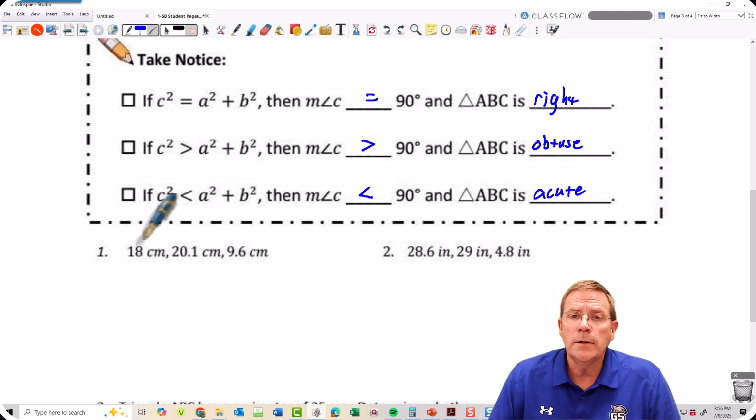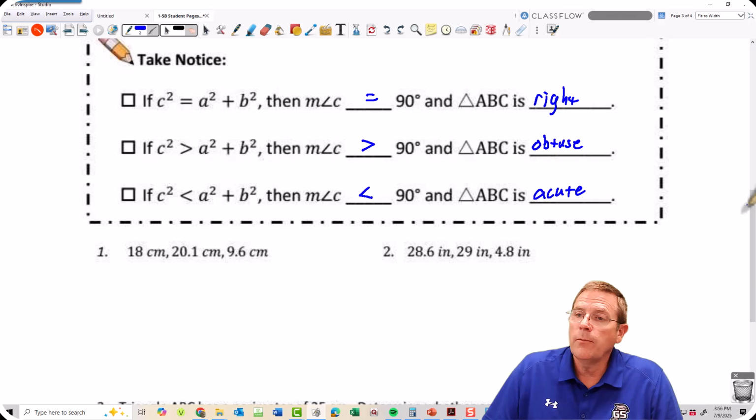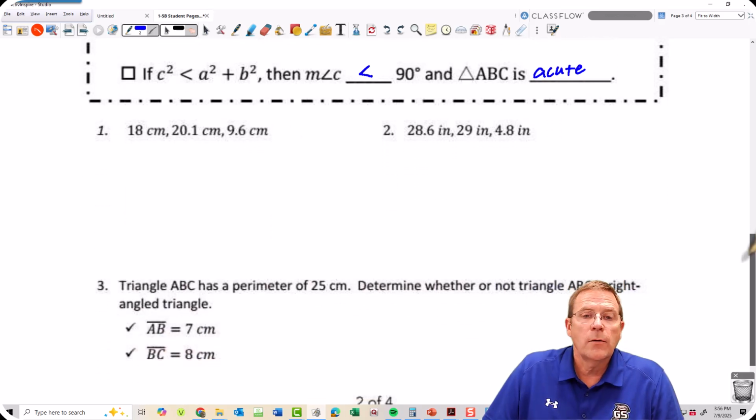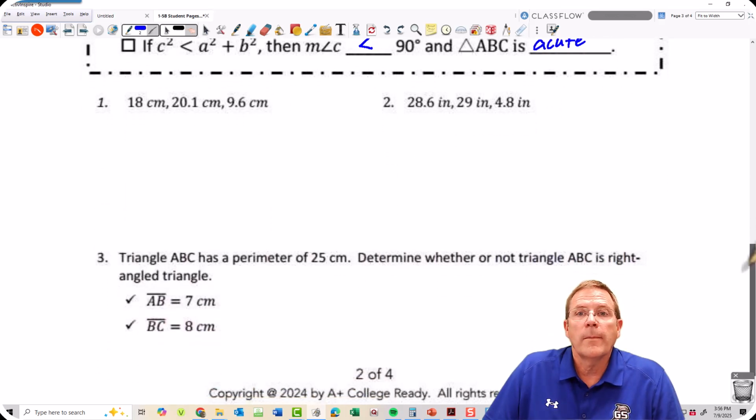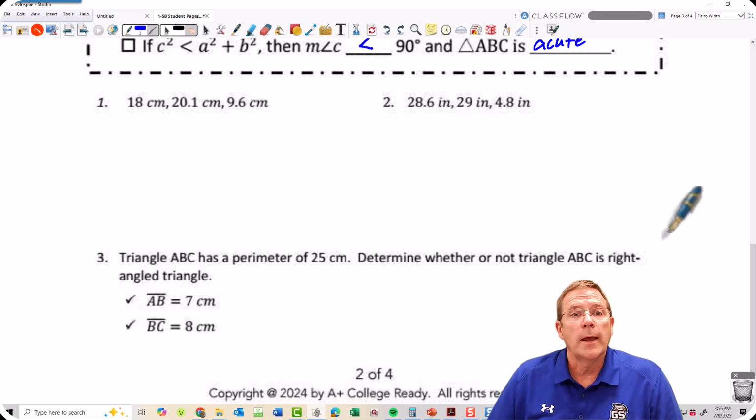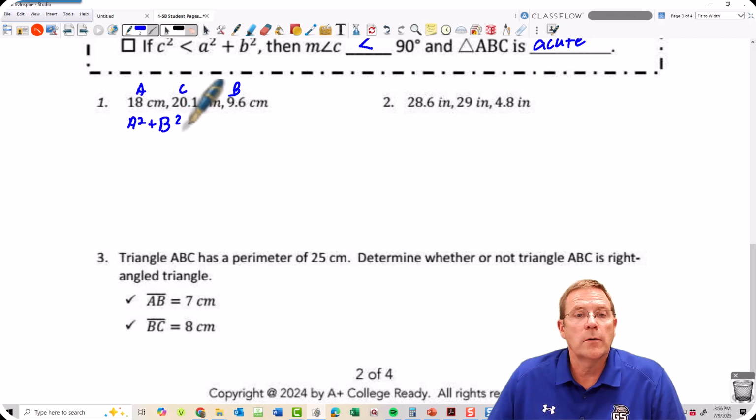So what we need to do is take these 3 problems here and find out whether or not they form a right triangle. We have the longest side right here, so we're going to call that side C, I'm going to call that side A, and I'm going to call that side B. So my formula, a squared plus b squared is equal to c squared.